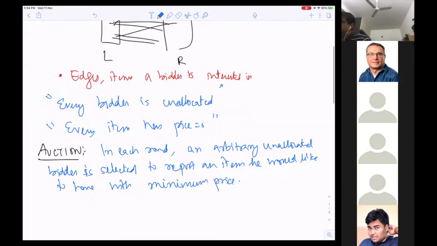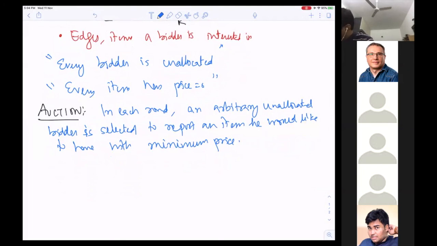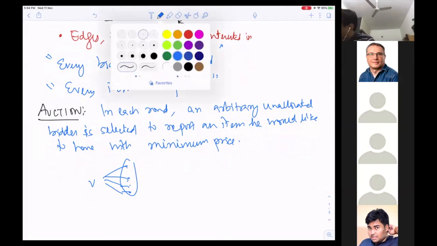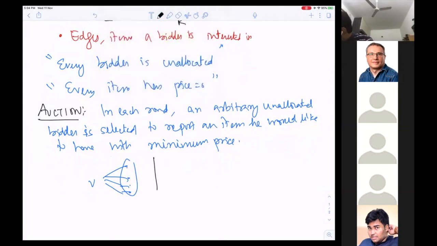So suppose I have a bidder V and these are his neighbors. He was unallocated, so he reports an item with minimum price. Now why is it a bidding?